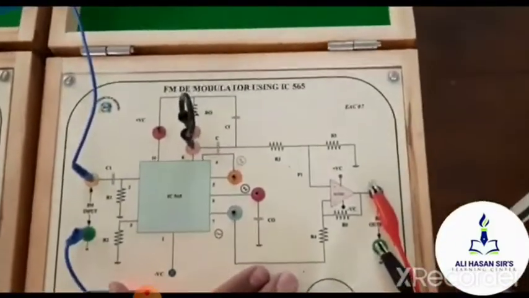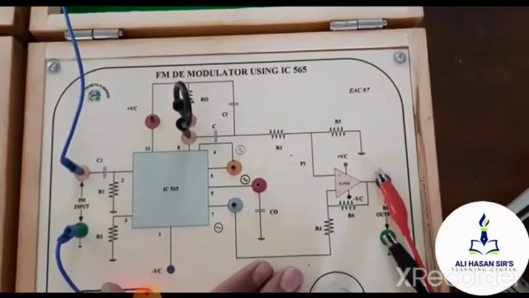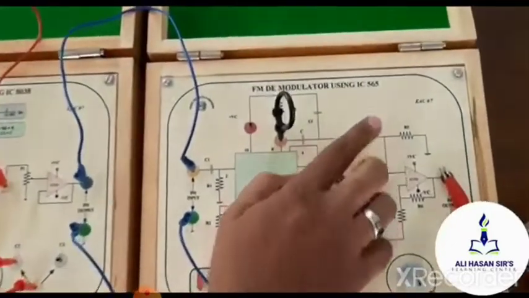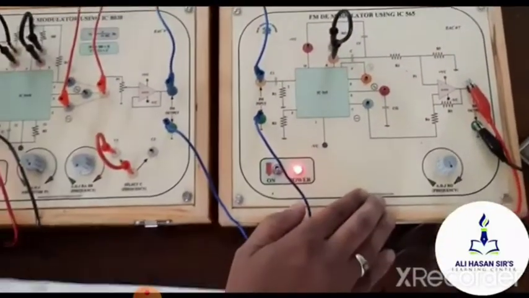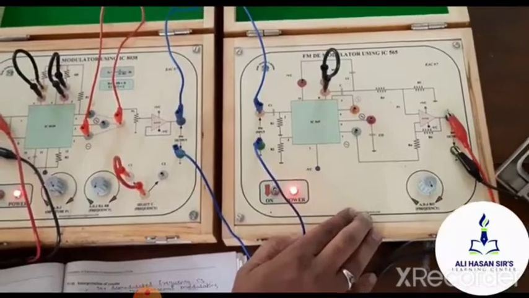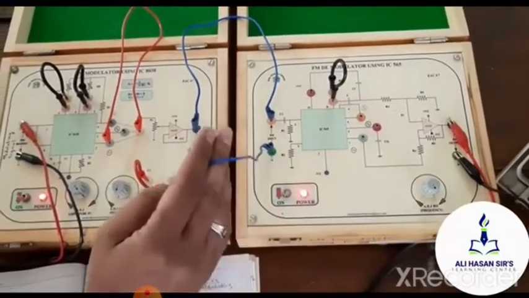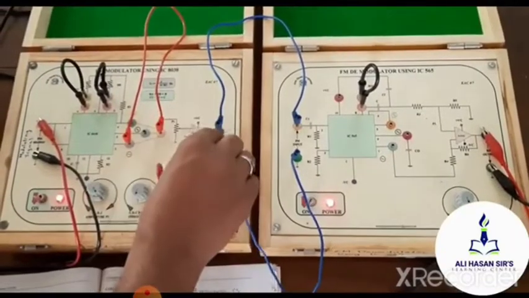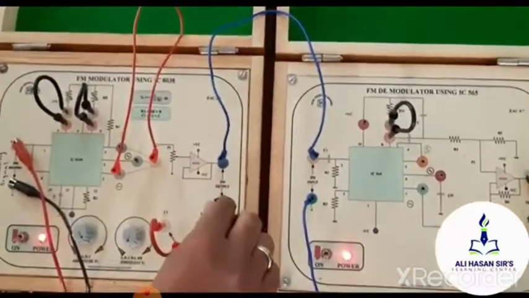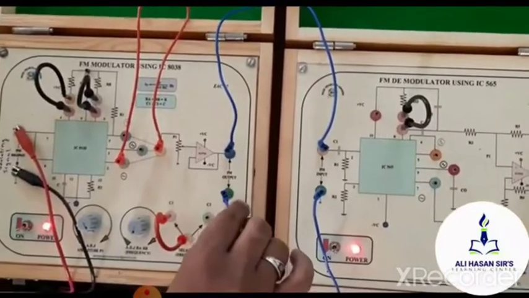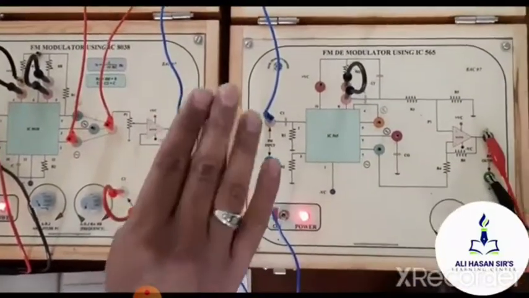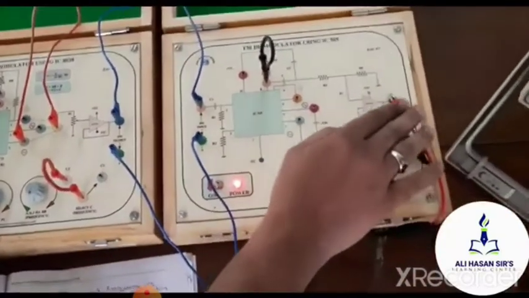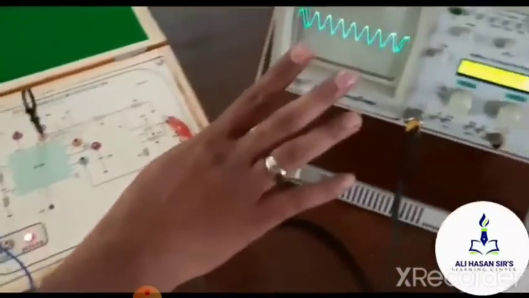Here we have to apply the FM wave to the input of the demodulator kit, and we are going to take the output of the demodulator on the CRO. We have provided the output of the FM wave to the input of the demodulator, and the original recovered signal which we receive at the output of the demodulator we will observe on the CRO.